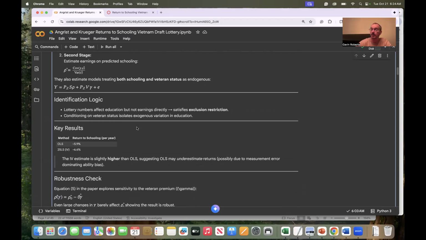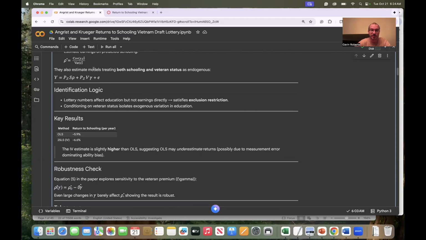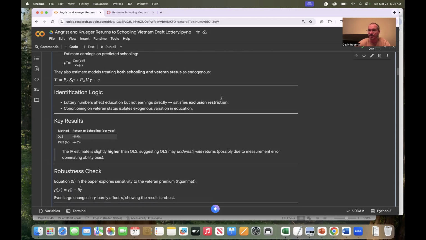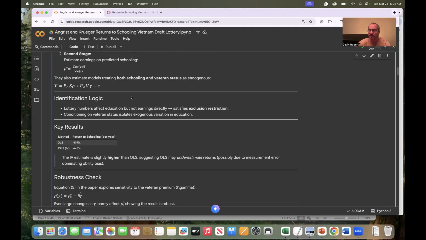And then they also later estimate models where they treat both schooling and veteran status as endogenous in that paper, as a robustness check, because they want to see, hey, is veteran status itself actually endogenous? And you can read about the reasons why veteran status itself may not even be endogenous, because maybe you have a weird correlation between, yeah, this person has a low draft lottery number, but they were already planning on being in the military or something like that.